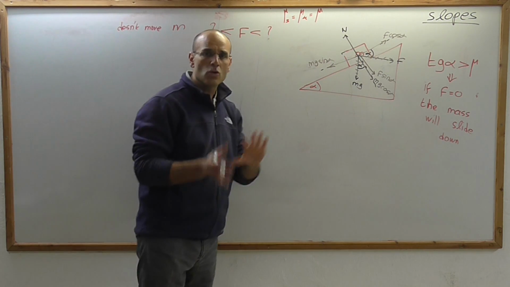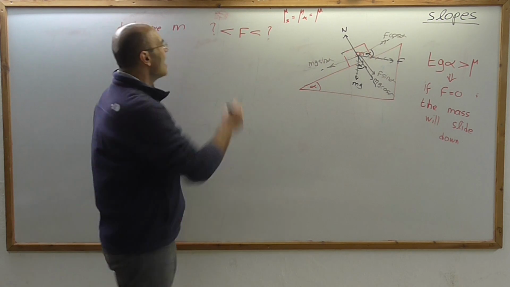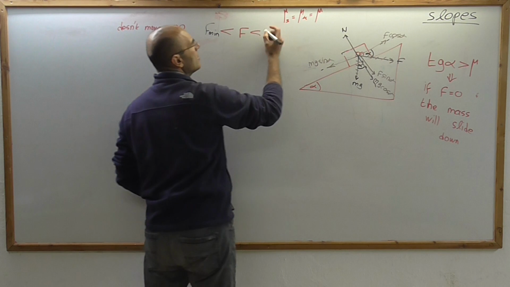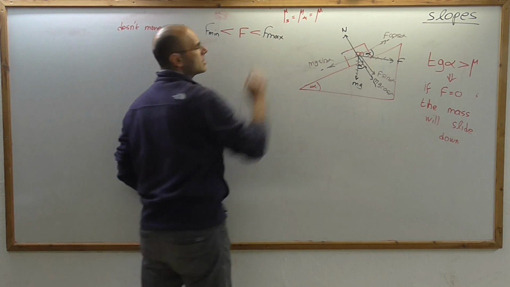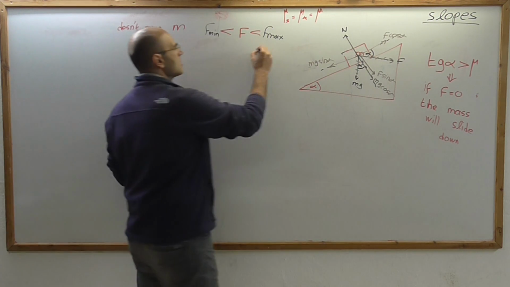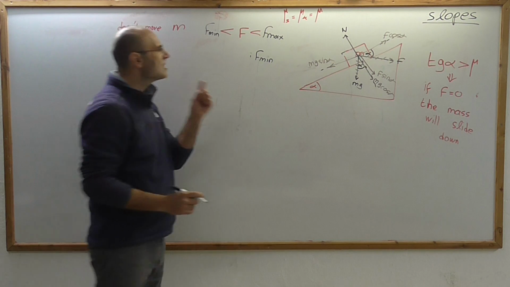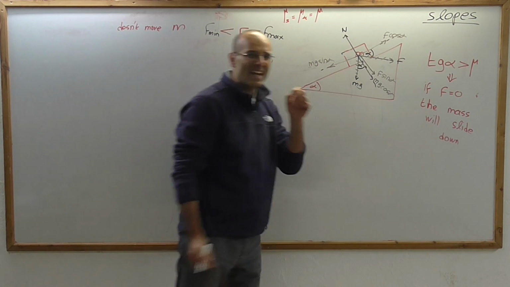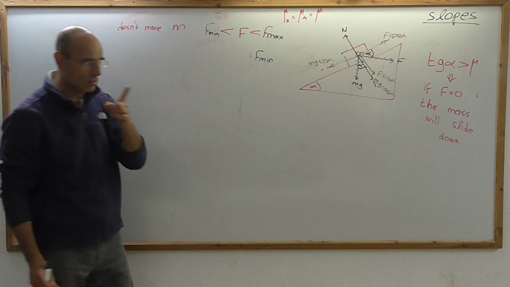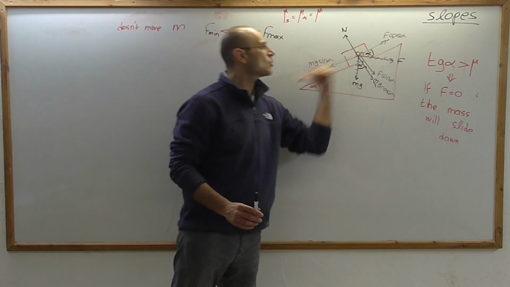Okay, so let's start to answer the question. Now, there are two things I need to know about this question. Here I have F minimum I need, and here I have F maximum. What can I say about the F minimum? Let's calculate the F minimum first. F minimum means that the system will not move that way.